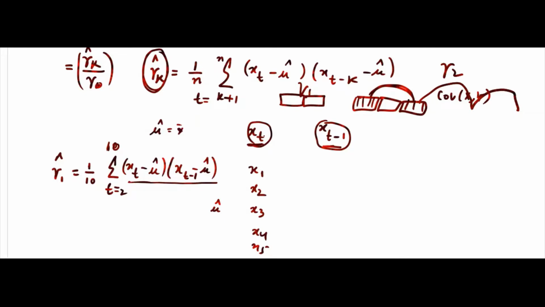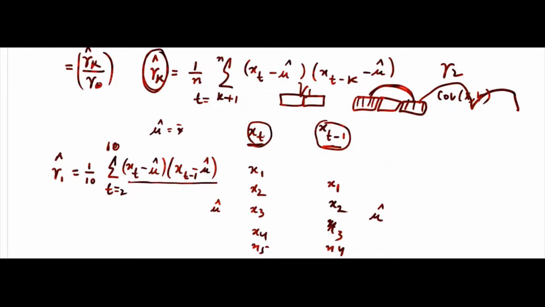So let me write x2 here, x t minus 1, so that will be x0, this will be x1, this will be x2, this will be x3, this will be x4. I'm writing this way so that it will be easier for me. So now I'll find this difference.